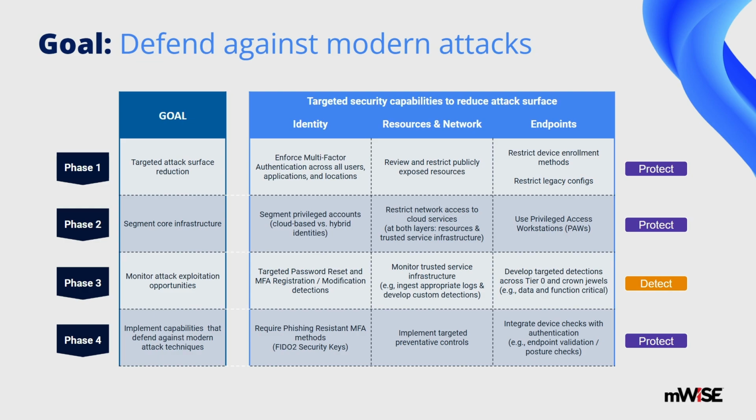At the resource and network level, implementing targeted preventative controls that directly address the human error we see in the cloud, such as mistakenly exposing a virtual machine or a storage bucket in the cloud. And at the endpoint level, integrating device checks with authentication so that we can restrict and control devices that are authenticating to our applications, accessing our data, and administering our cloud environments.